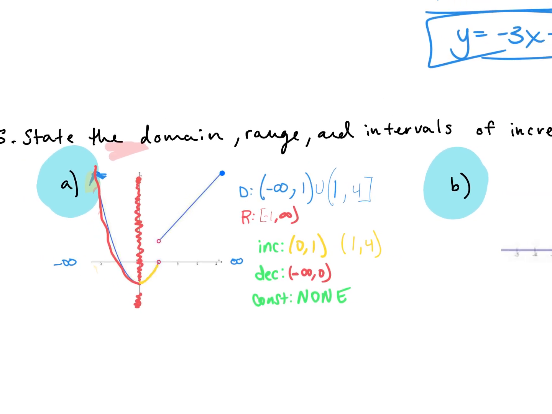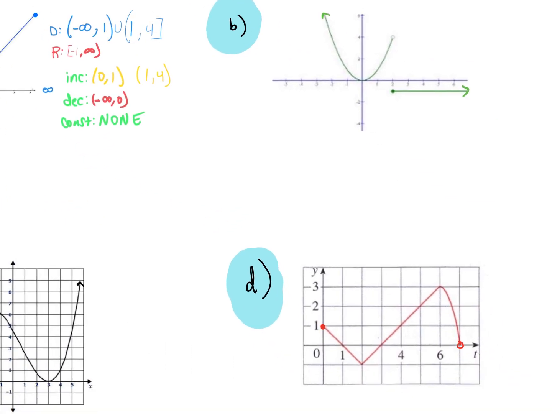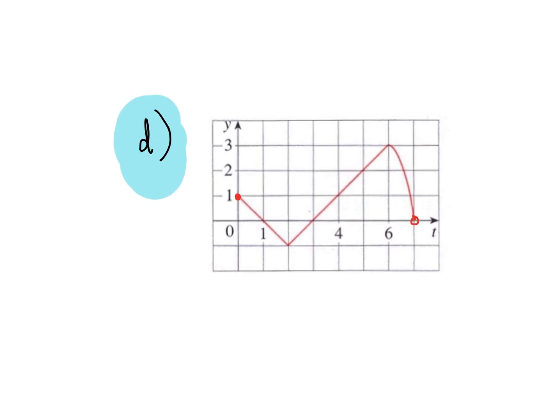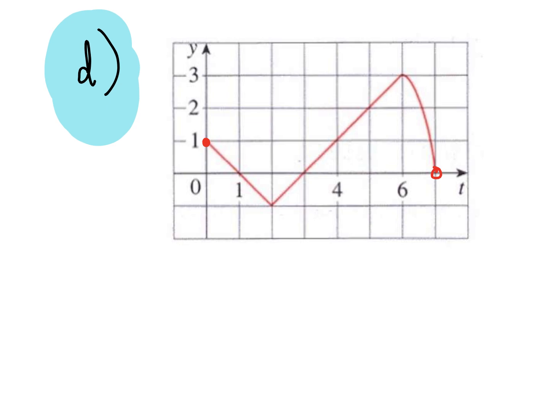I'm going to come back to B in a second. Why is D a super easy one to do? Because it's all on one side of the graph. What else is easy about it? No gaps. What else is there not of? Do you have arrows? There's no infinities. This makes life a lot easier. Domain, from the left-hand side to the right-hand side.